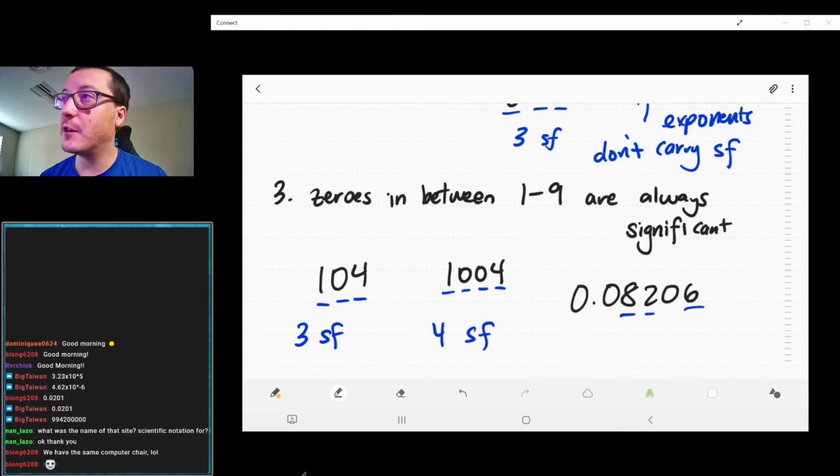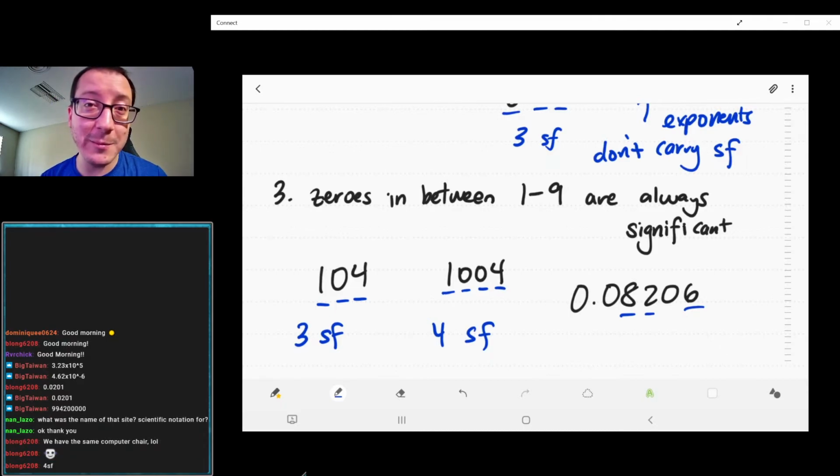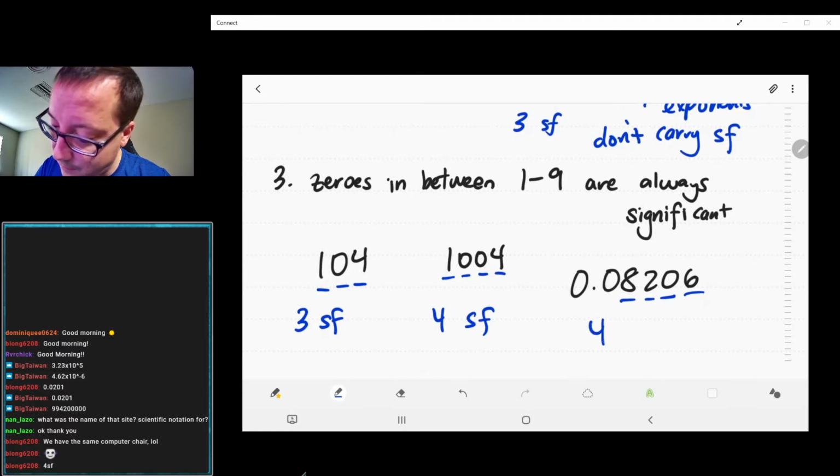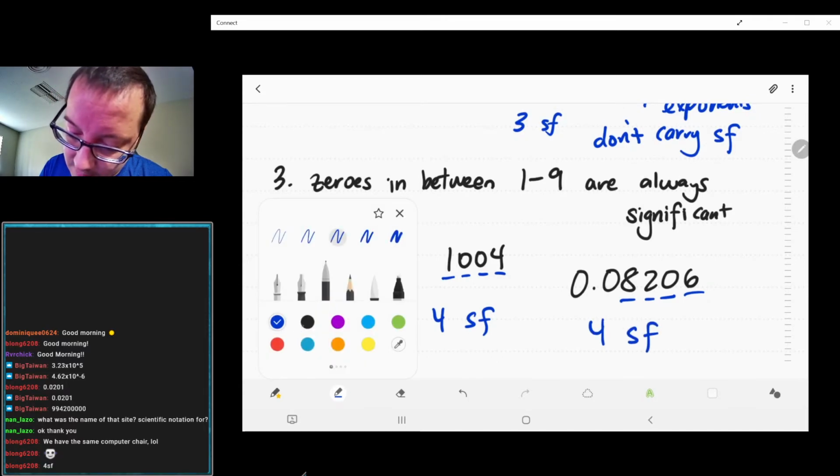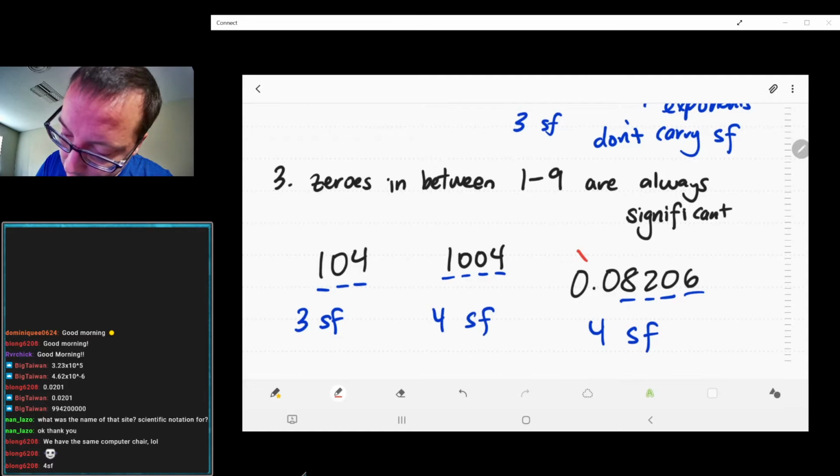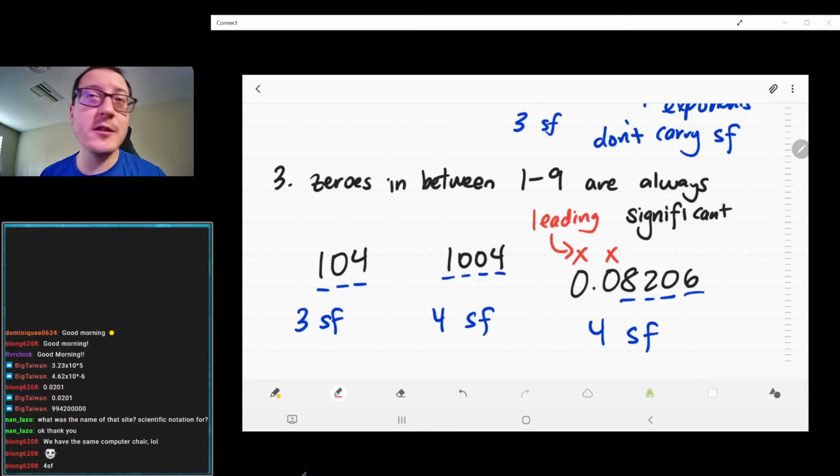If we look at the zeros on the left, those are going to be leading zeros, right? Yeah, exactly, Becca. So those leading zeros do not count for sig figs, but that zero in between the 2 and the 6 does count. And so overall, this number will have 4 significant figures. So I'm going to put some X's on top there. Those are our leading zeros. Leading zeros do not count for sig figs.